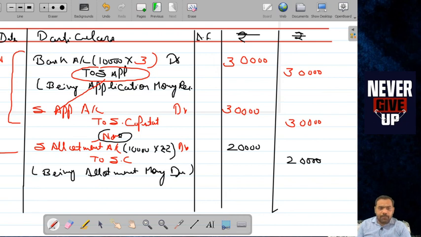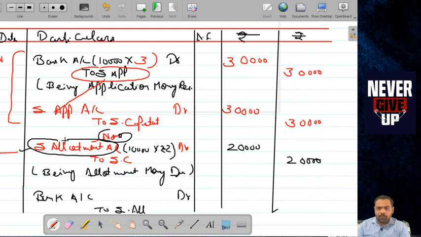Fourth entry. In this entry, the company receives the allotment money, that is bank account debit to share allotment. This is the simple case. In this entry, we cancel the share allotment account by crediting. In the first entry, when we ask, we make it a debtor, and then we cancel the debtor when it is received. It will receive share allotment 10,000 into rupees 2, that is rupees 20,000.